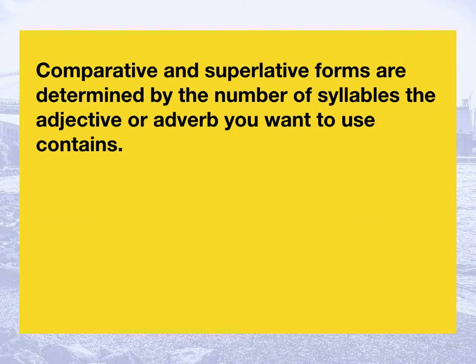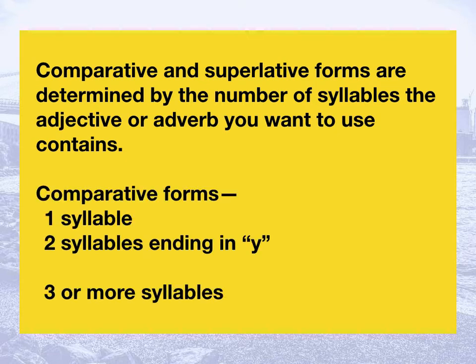So comparative and superlative forms are determined by the number of syllables the adjective or adverb you want to use contains. So we can see that when you have one syllable or two syllables that end in y, this will be different from an adjective or adverb with three or more syllables.